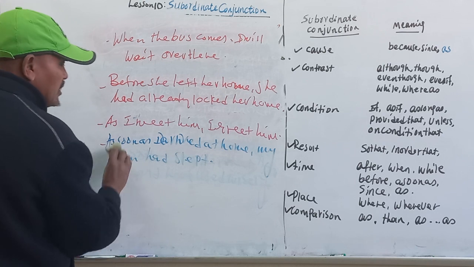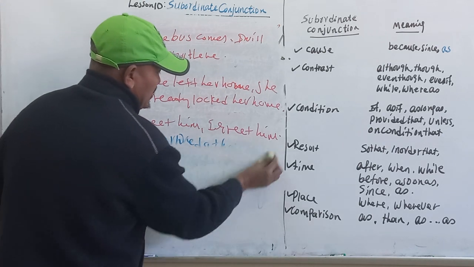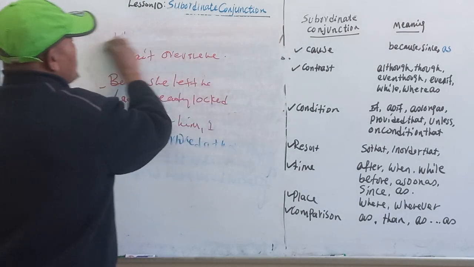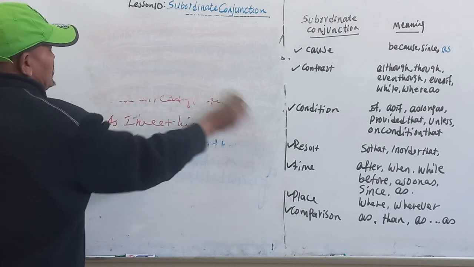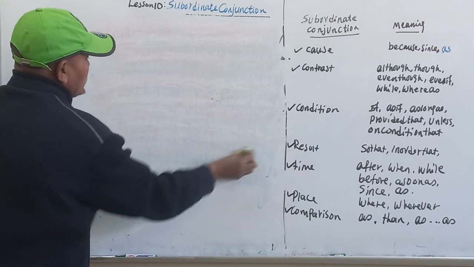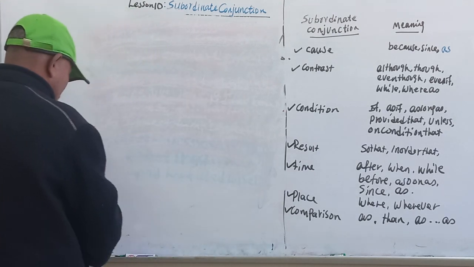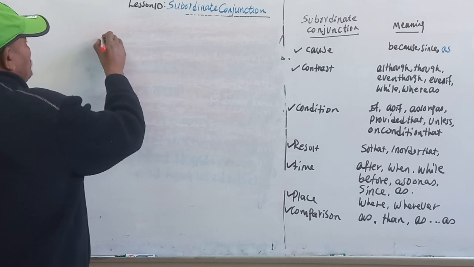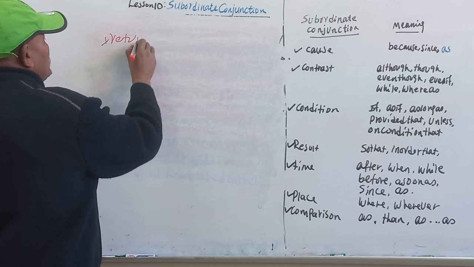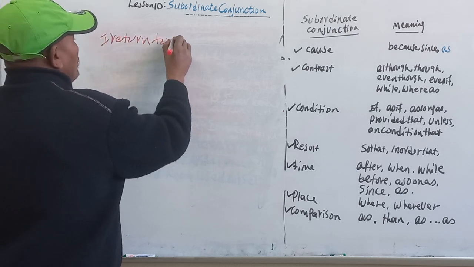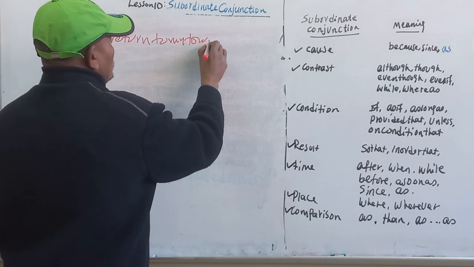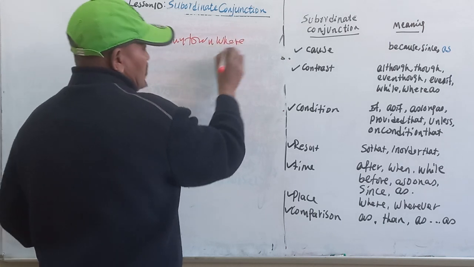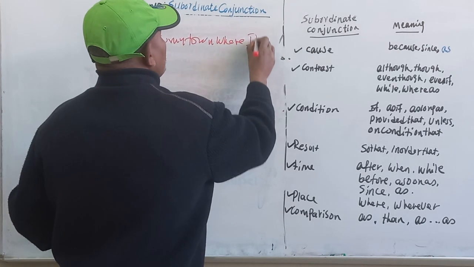Fine, let's come to the next kind of clause, which is place. The other one is place. I returned to my town where I was born.